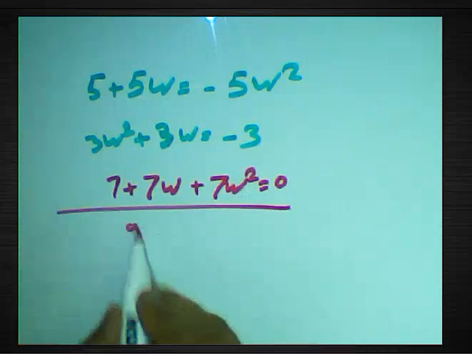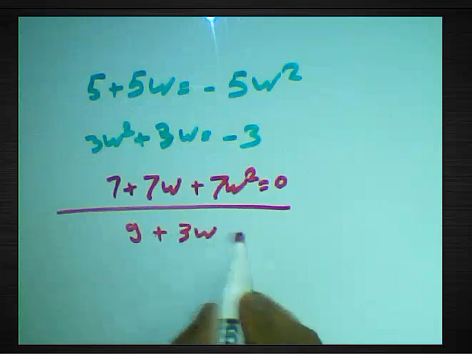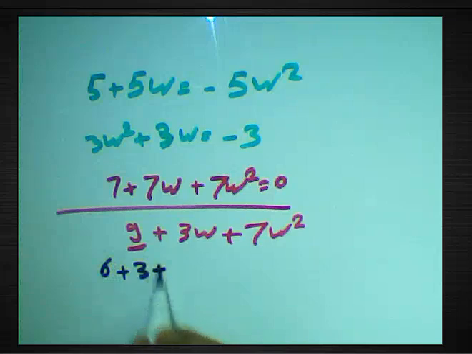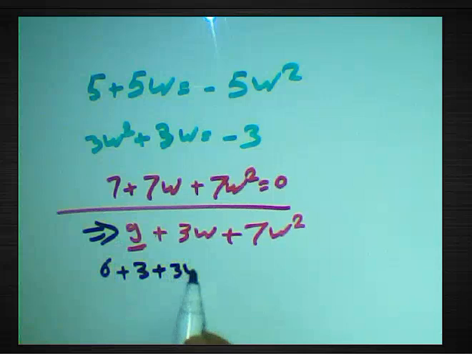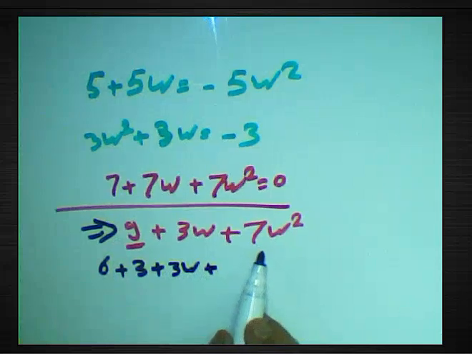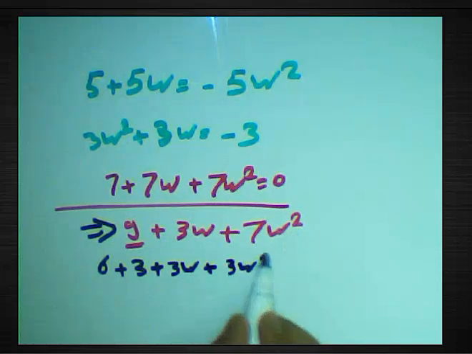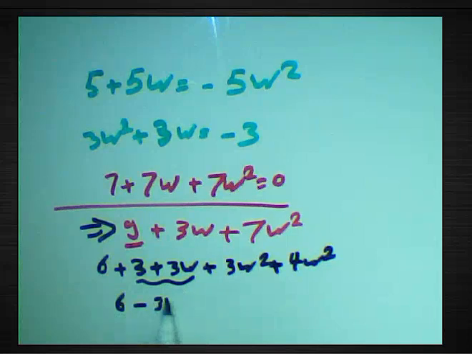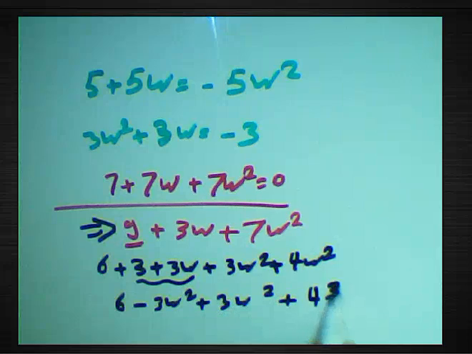And what about 9 plus 3 omega plus 7 omega squared? We can write 9 as 3 plus 6. Write 6 plus 3 in this example: 6 plus 3 equals 9, plus 3 omega, and 7 omega squared will be 3 omega squared plus 4 omega squared. We can add them, right? 3 plus 3 omega equals negative 3 omega squared, plus 3 omega squared, plus 4 omega squared.